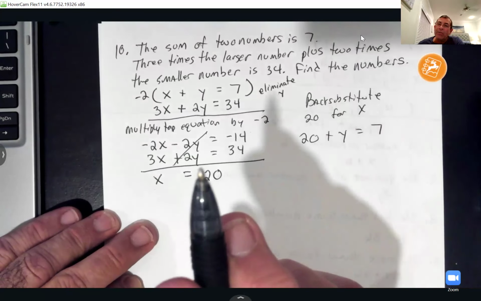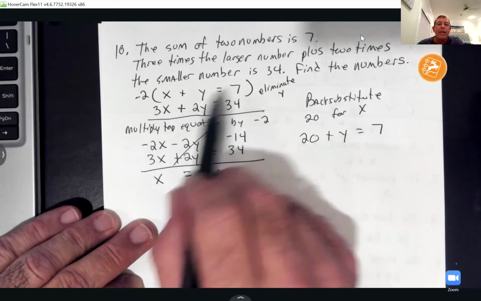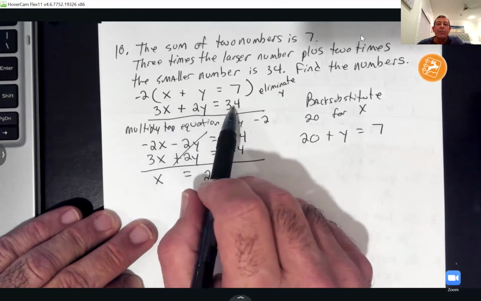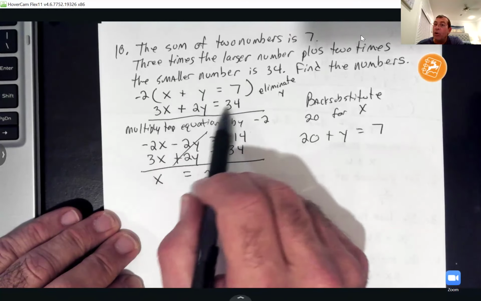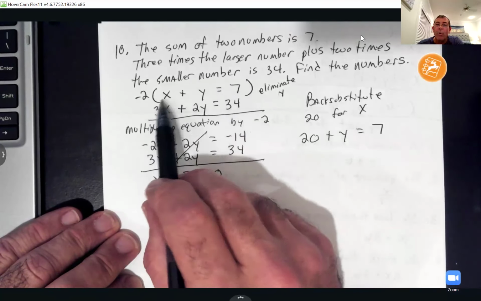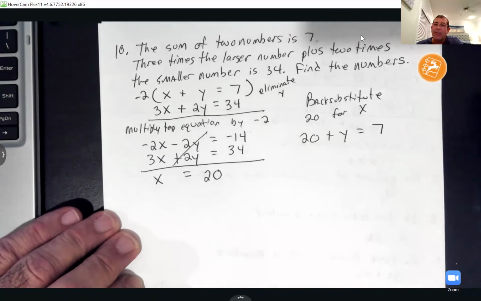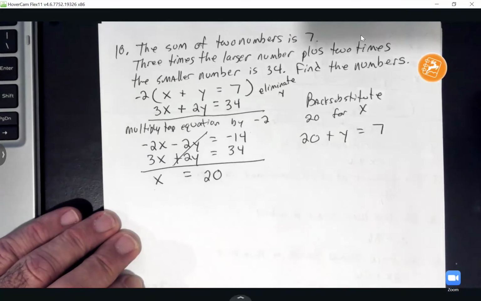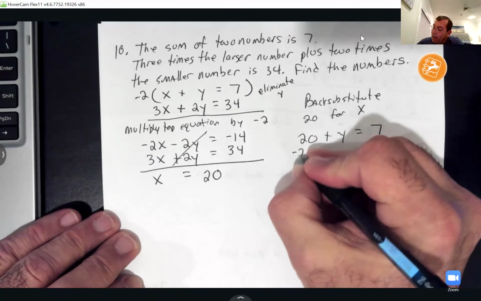Now y'all do realize one thing here. At this point, x plus y equals 7, 3x plus 2y equals 34. You could have put that in the calculator as a 2 by 3 matrix, 1, 1, 7, 3, 2, 34. And it would spit out the same answers as we're about to get. All I gotta do is move the 20 over, right?